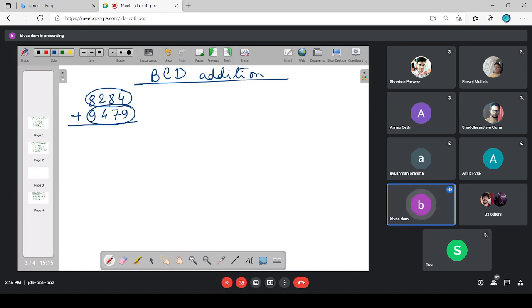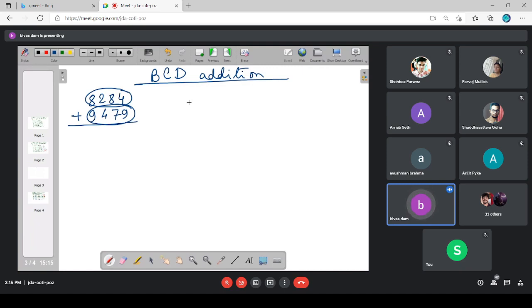Those BCDs are nothing but a series of ones and zeros, so the addition has got to be performed in the binary domain only. 0 plus 1 will be 1, 1 plus 0 will be 1, 0 plus 0 will be 0, 1 plus 1 will be 1 0. That's the only binary addition rule that we have learned.